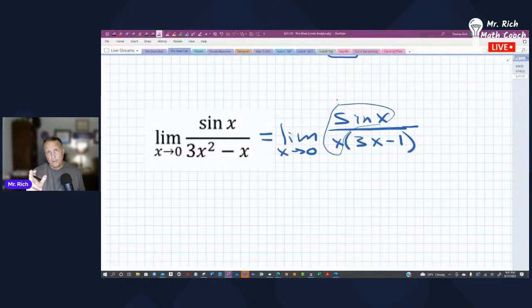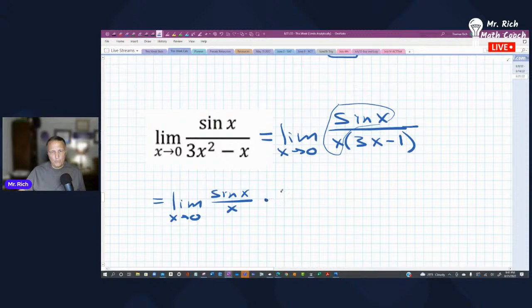Here I'm going to split them out by multiplication. So I'm going to take out into one limit the sine x over x and then multiply that by the limit as x goes to 0 of 1 over 3x minus 1.